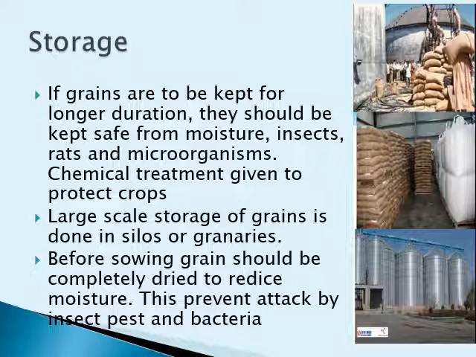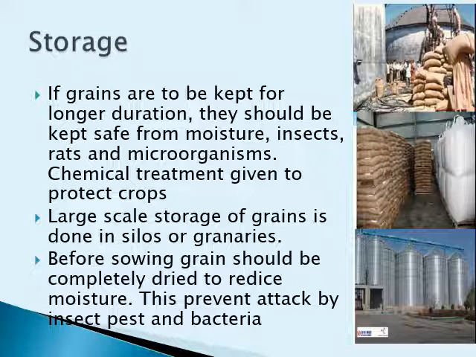They will be attacked by the microorganisms and they will lose their germination capacity. Hence, before storing them, the grains should be properly dried in the sun to reduce the moisture in them. And because of this, it prevents the attack of insect pests, bacteria, and fungi.